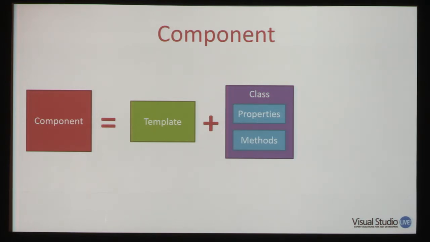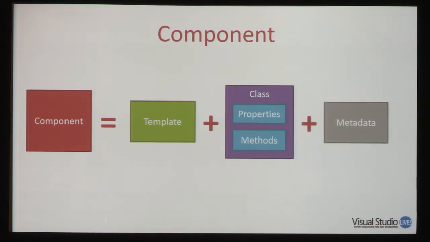So if you're familiar with web forms or Windows forms or any of those kind of technologies, we're very familiar with the concept of a code behind kind of file. If you're familiar with MVVM, model view, view model, you can think of this as your view model. So it's the code that helps the template. It provides the data to the template. It provides the interactions for the template. So that's in our class.